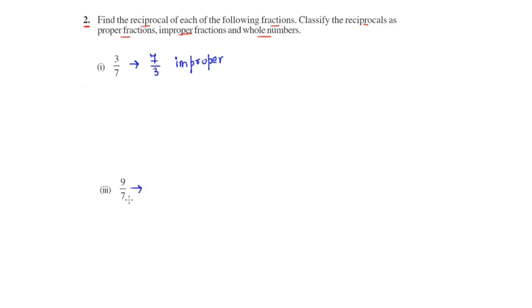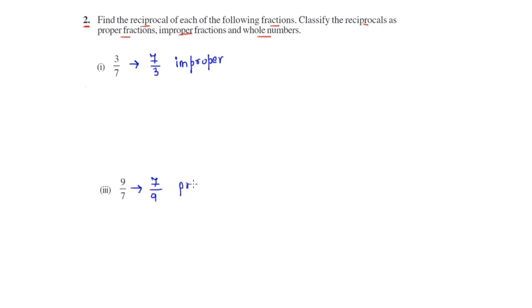Reciprocal of 9 over 7 is 7 over 9. Just flip it over. Flipping over the fraction, we will write 7 over 9, which is the reciprocal of 9 over 7. So if you will see, the top part is smaller than the bottom part.